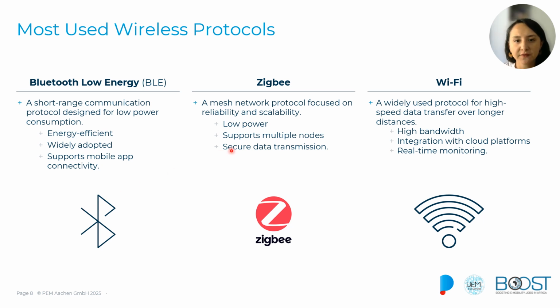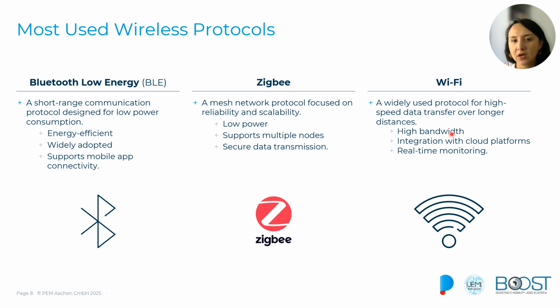Another one that we have is Zigbee. This is known for its mesh networking capabilities. So if you have multiple modules or multiple nodes that need to relay information across a relatively wide area, Zigbee provides a very stable low power operation.